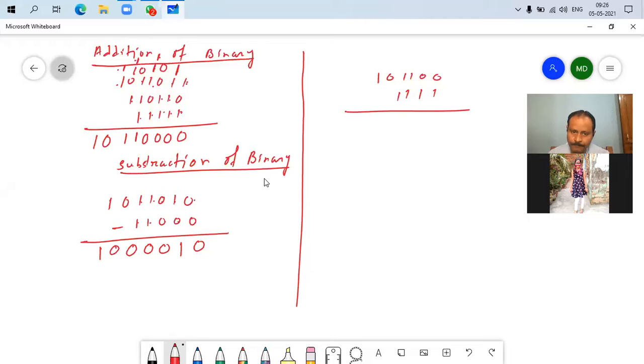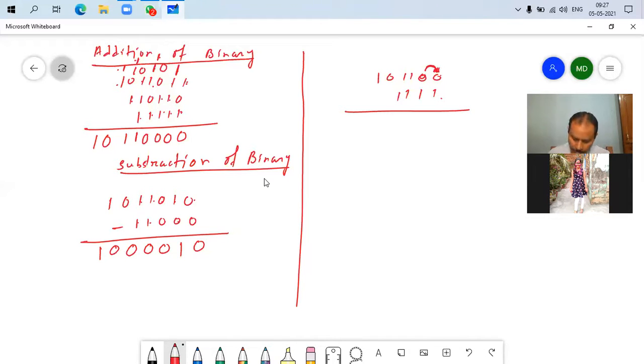Correct. Now, 0 minus 1, is it possible? No. So what happens? We try to borrow 1 from here. So if we borrow 1 from here, we can observe there is a 0.